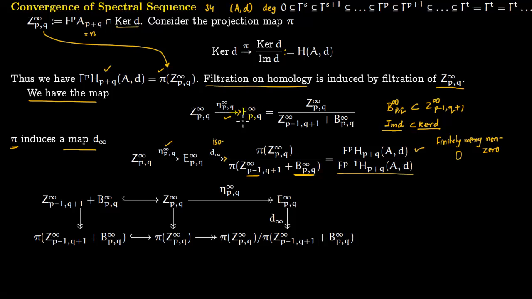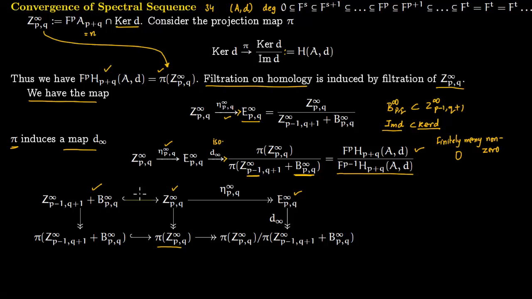This E infinity PQ, this you copy right here, this kernel you copy here, and this Z infinity PQ you copy here. So we copy this entire thing right here, the numerator is right here, and the denominator is right here.